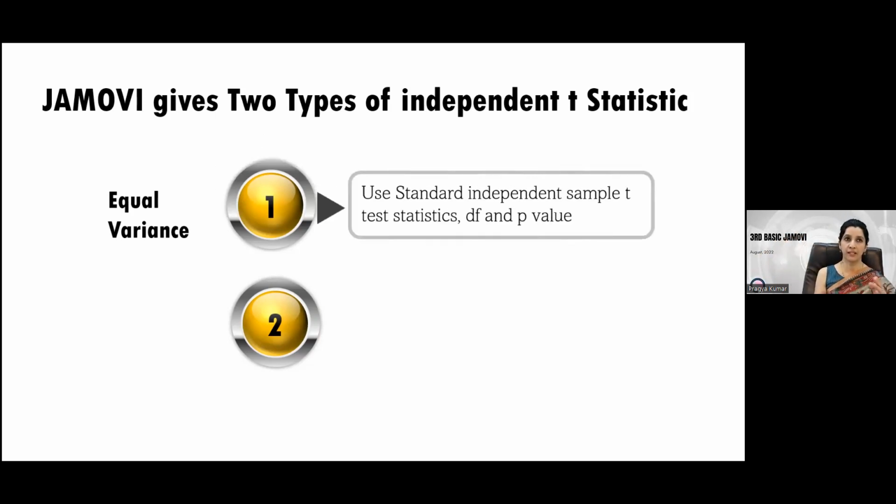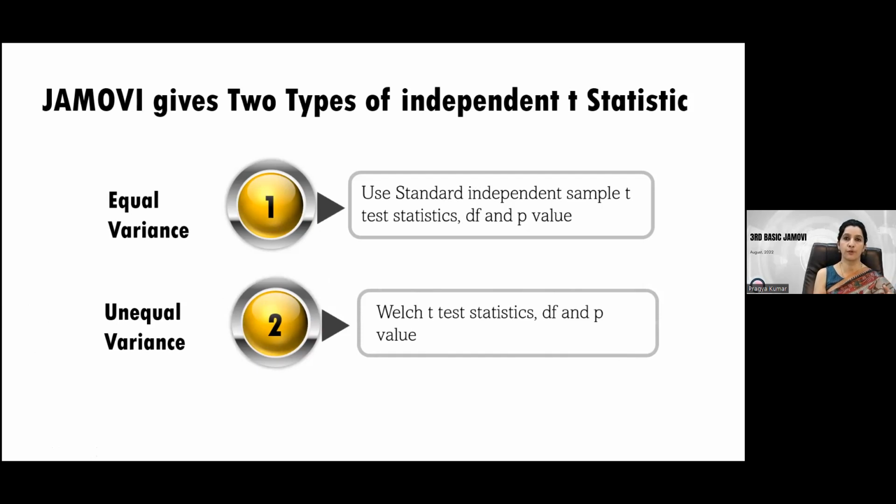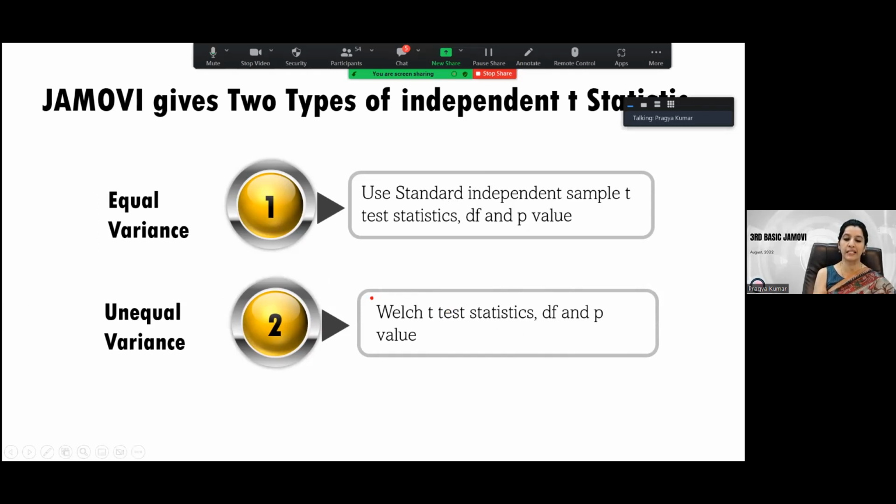So when this equal variance assumption is met, you take the value of the standard independent sample t-statistic, its degrees of freedom, and its p-value. But when there is unequal variance, meaning the assumption of equality of variance is not met, then, as we will see in the Jamovi output, you have to take the Welch t-statistic, its degrees of freedom, and p-value.